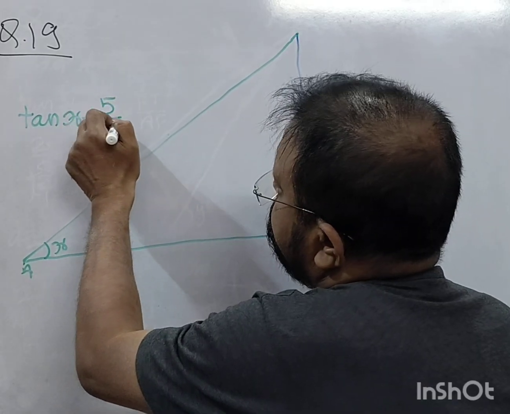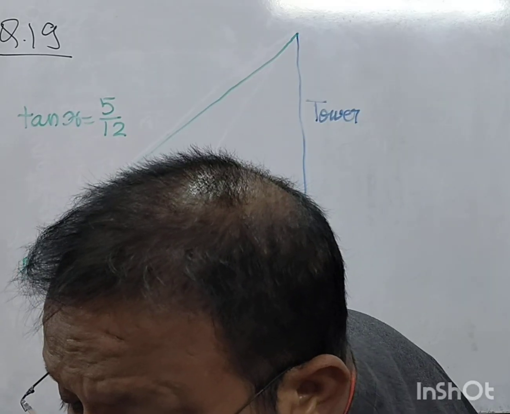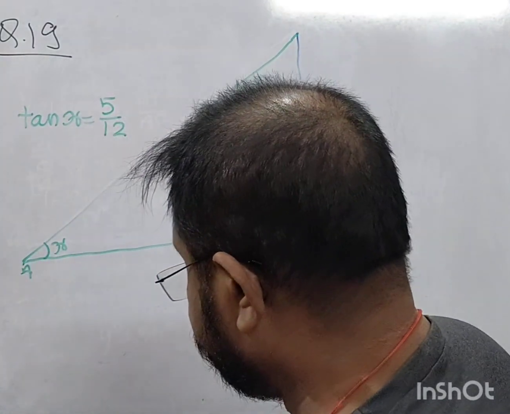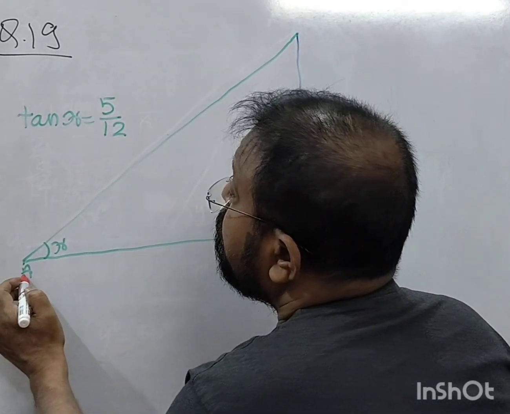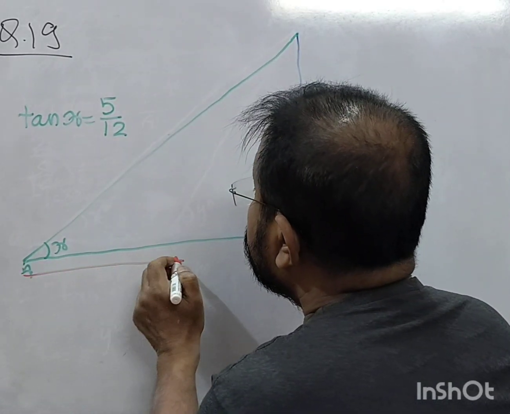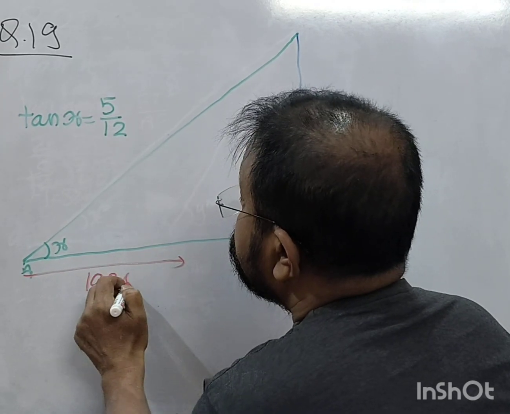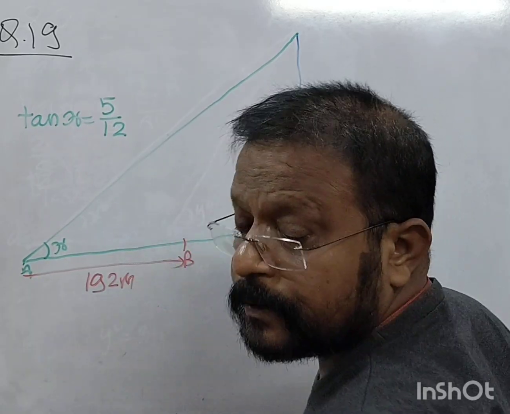Okay. And on walking 192 meters towards the tower, this is B.